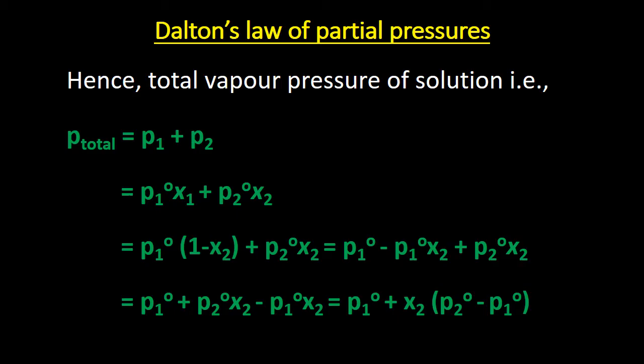P1 naught into x1 can be written as P1 naught into (1 minus x2), because the sum of x1 plus x2 is equal to 1, plus P2 naught into x2, which is equal to P1 naught minus P1 naught into x2 plus P2 naught into x2. Finally, this will be equal to P1 naught plus x2 into (P2 naught minus P1 naught).